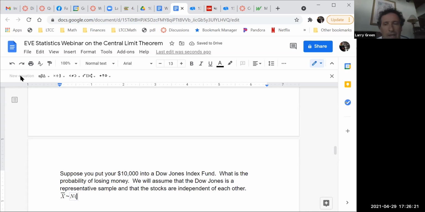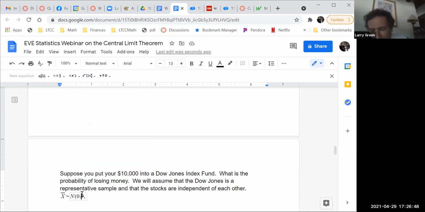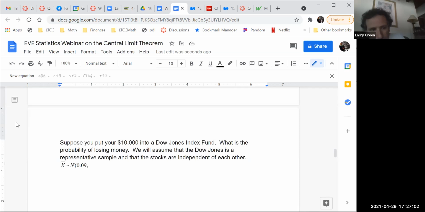Then we know that the mean of the sampling distribution is the same as the mean of the population, which was 0.9. The standard deviation of the sampling distribution is not the same as the standard deviation of the population. Remember, it was a formula. Sorry about that. So that came from right here. Maybe I'll copy and paste that so we can refer to it. So the mean of the sampling distribution is the same as the population mean.